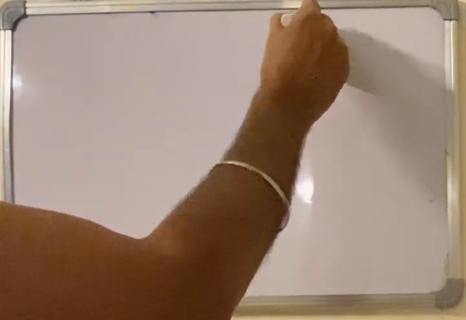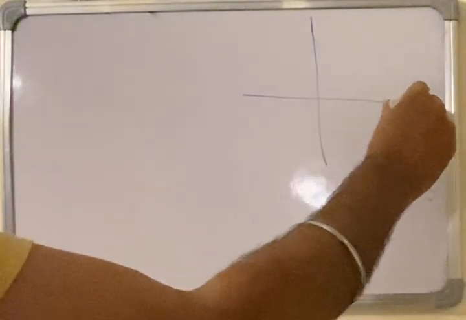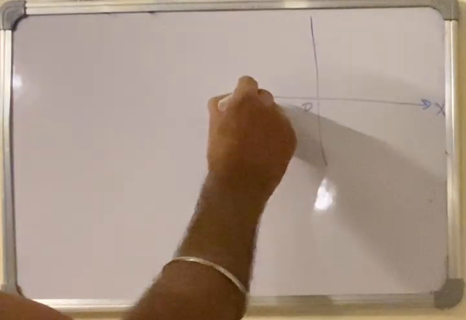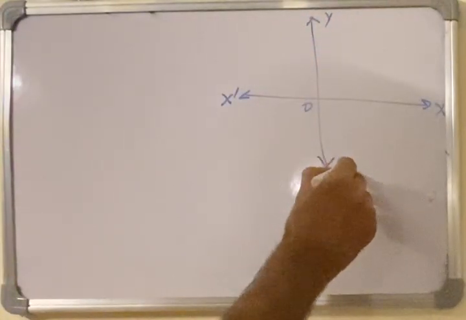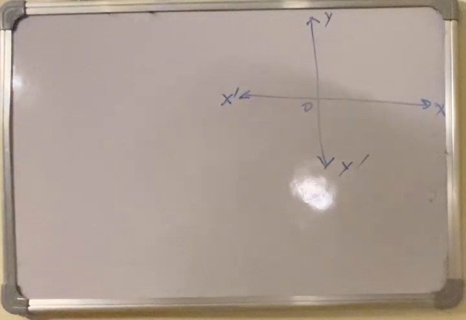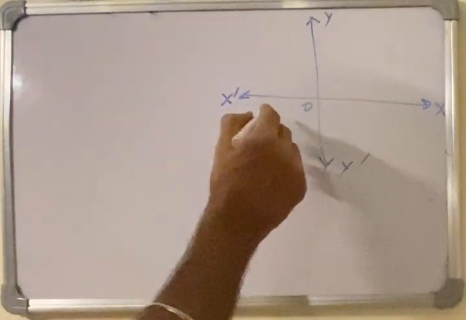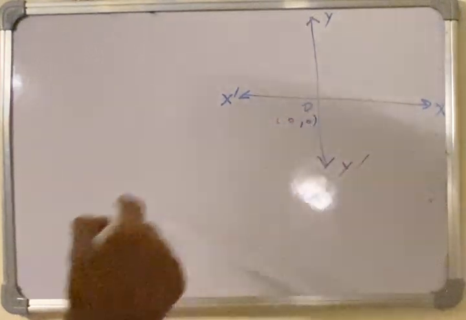Let us draw the figure. This is x-axis, x dash, y, y dash. This is the xy plane, O is the origin, and x dash x and y dash y are two mutually perpendicular lines. This is the origin (0, 0).